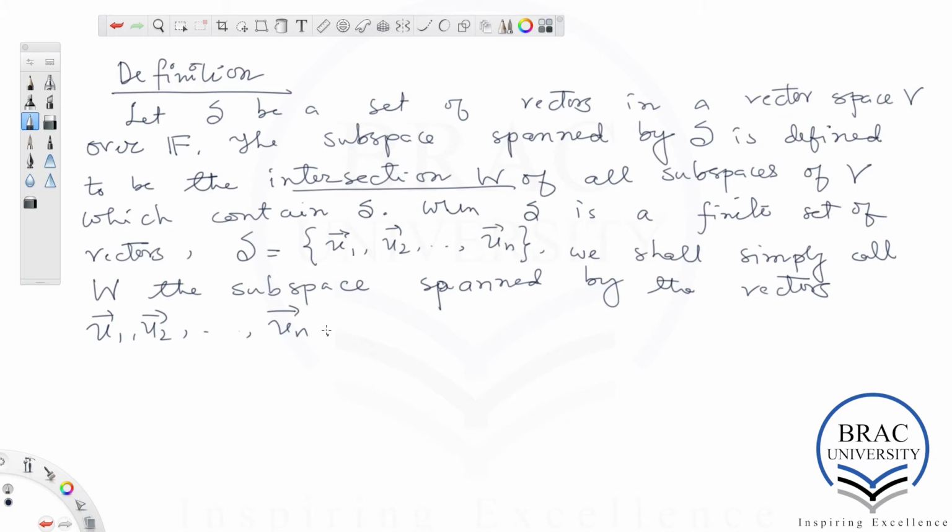So this is the definition of a vector subspace spanned by a set S.